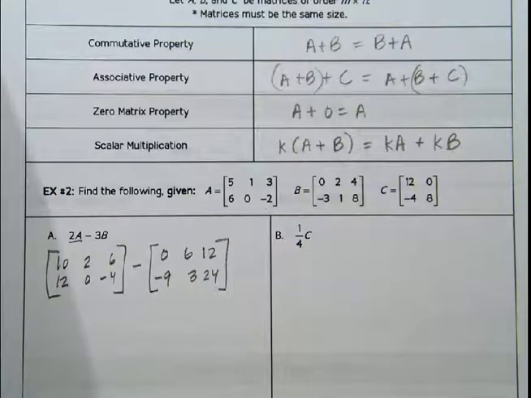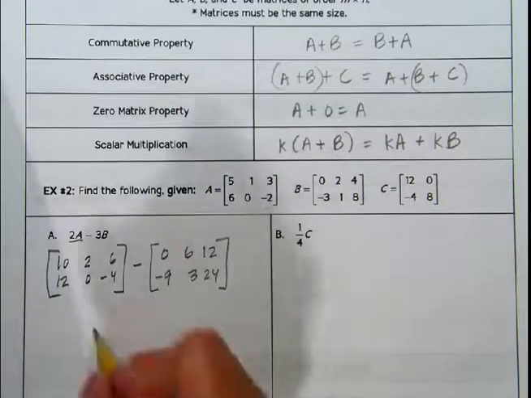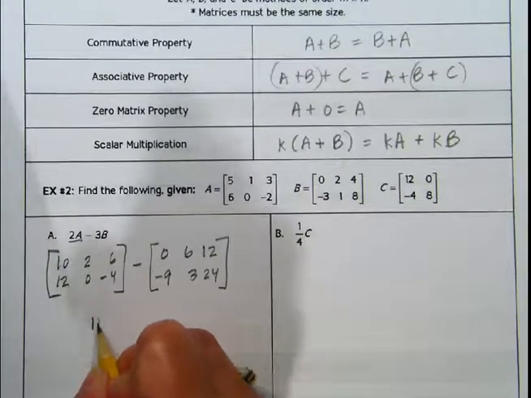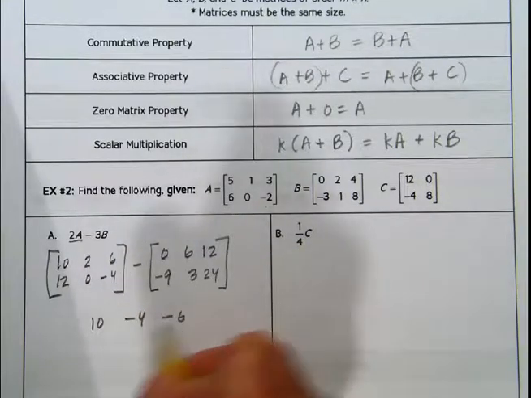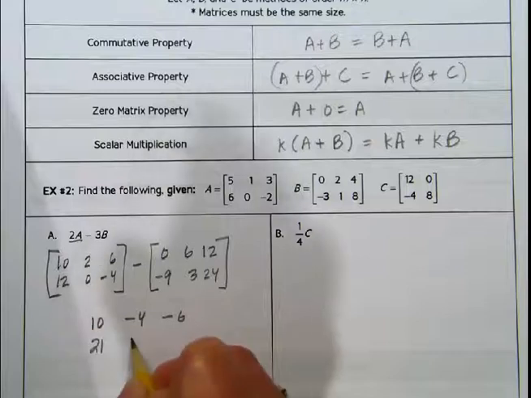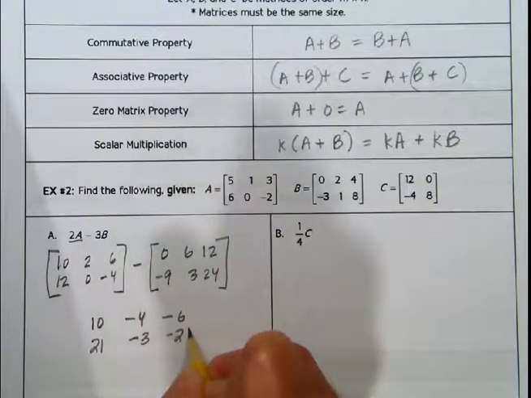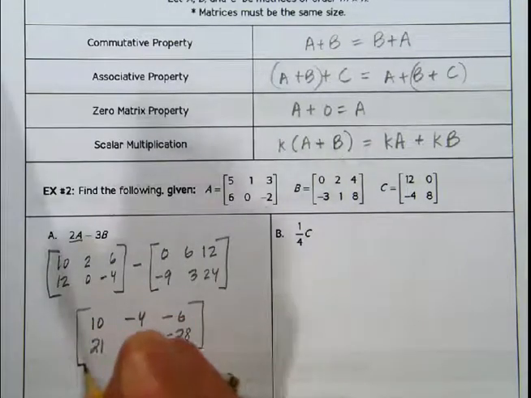Now I'm going to subtract it. If you want to rewrite it and change that to plus and change all the signs of the second one, you're more than welcome to do so, but you don't have to as long as you keep that straight in your mind. This would give us 10, -4, -6, 21, -3, -28.